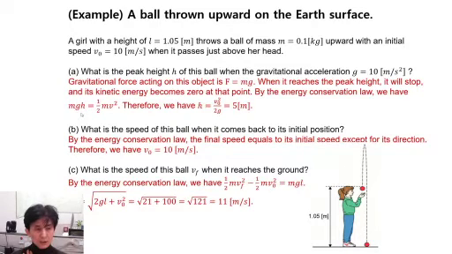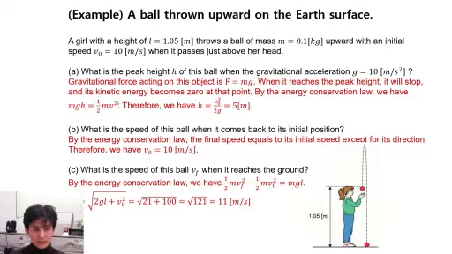As we have just explained, the work is just force times the distance. As there is a constant gravitational force downward, and this ball travels by distance h, which is the peak height, that is equal to the kinetic energy at the initial point.